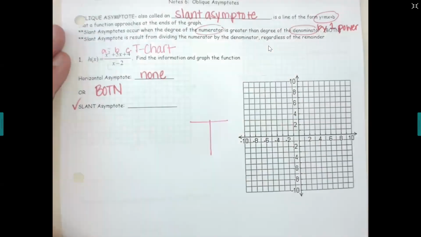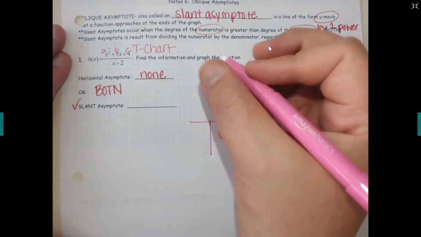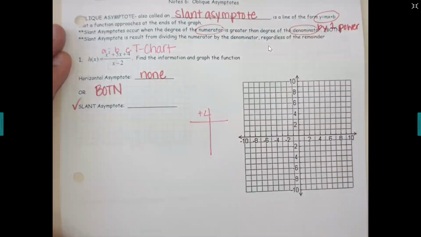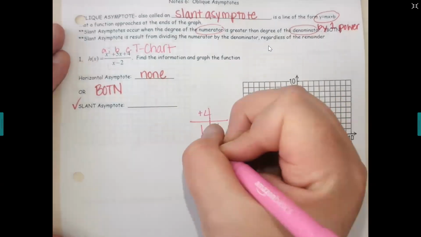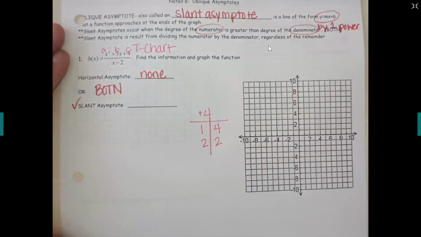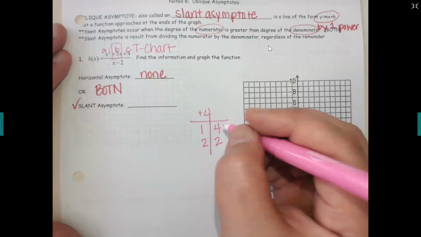ABC. And if my A is nothing there, that means it's a 1. So 1 times 4 is 4. And then what are my factors for 4? 1 and 4, 2 and 2. Out of those choices, what do I need them to also add to be? 5.